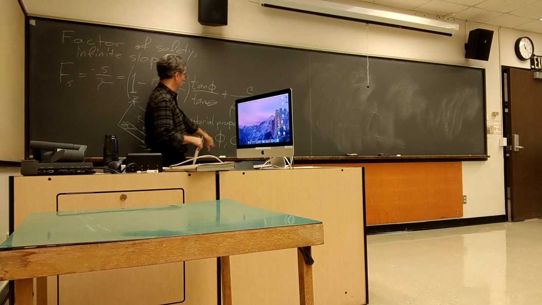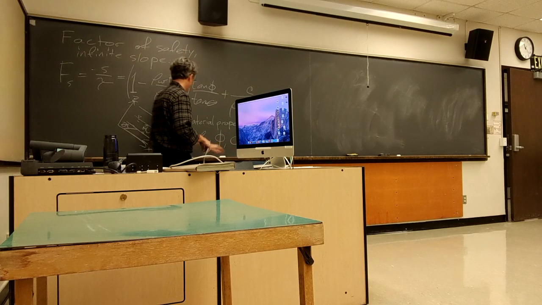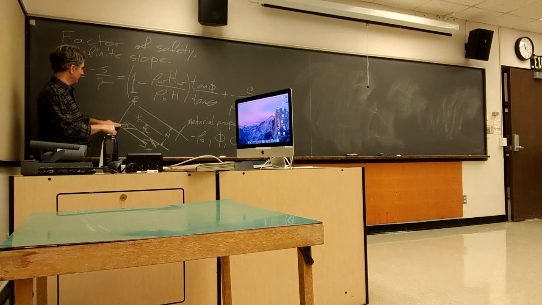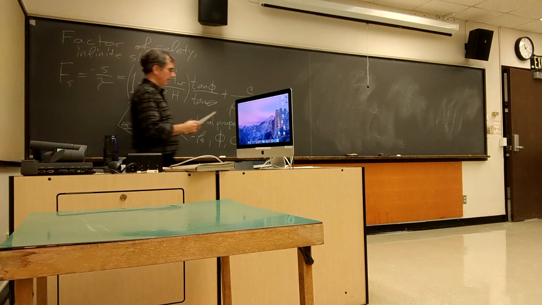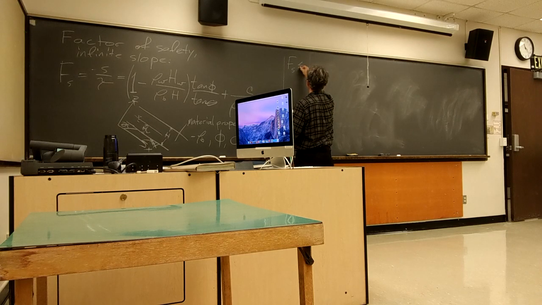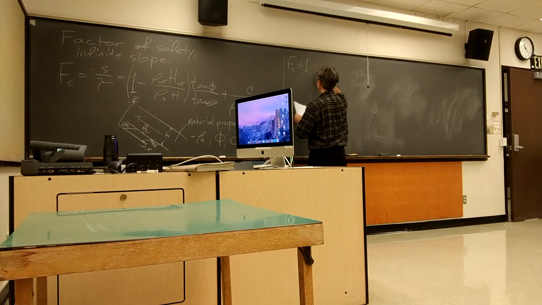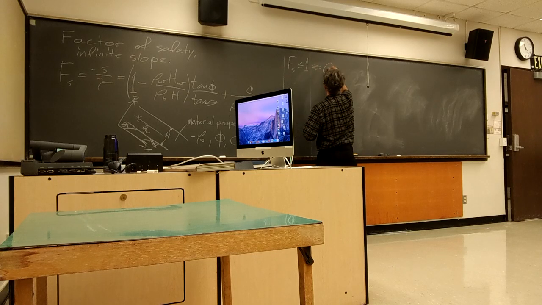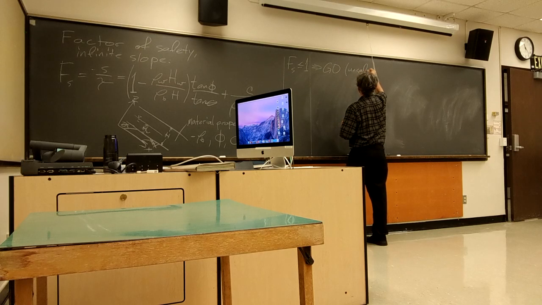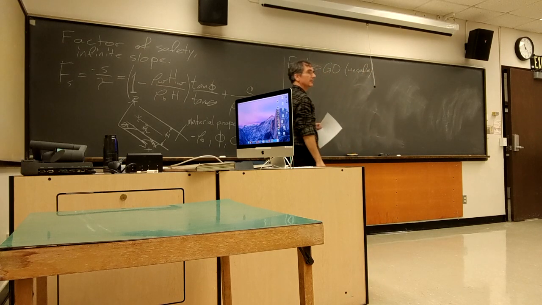So density, angle of repose, cohesion, soil thickness, water table thickness, slope angle. And we said that if the factor of safety is less than or equal to 1, then that implies a no-go, or unsafe situation.